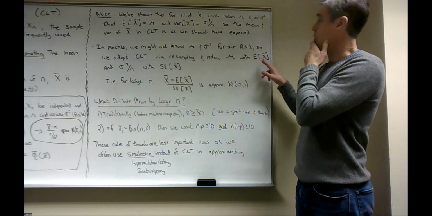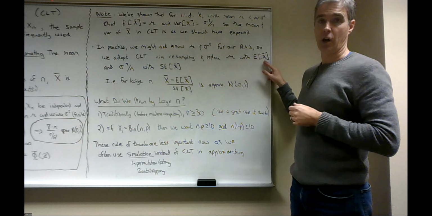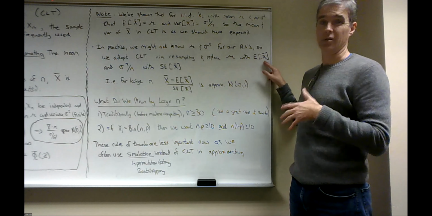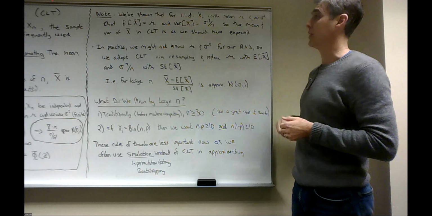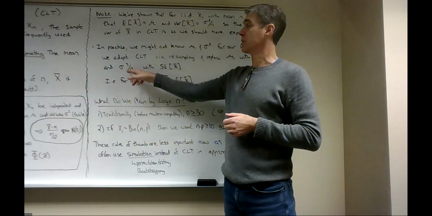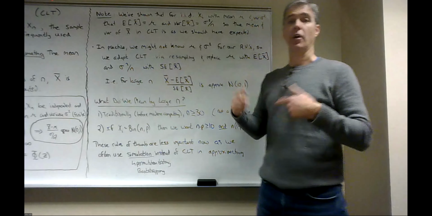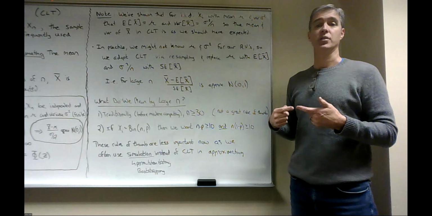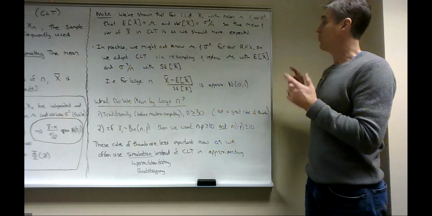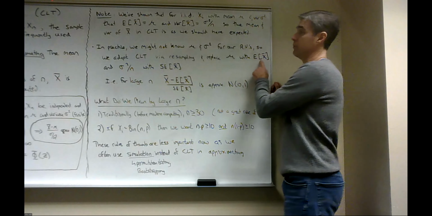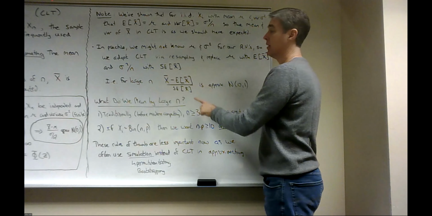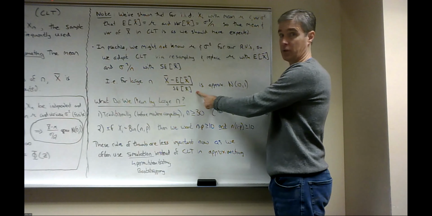We can approximate the expected value of x bar through permutation testing or later on bootstrapping. We can approximate sigma squared over n with the standard error of x bar, which we can get via permutation testing or bootstrapping. And then we can use these approximations of mu and sigma squared over n in the central limit theorem.